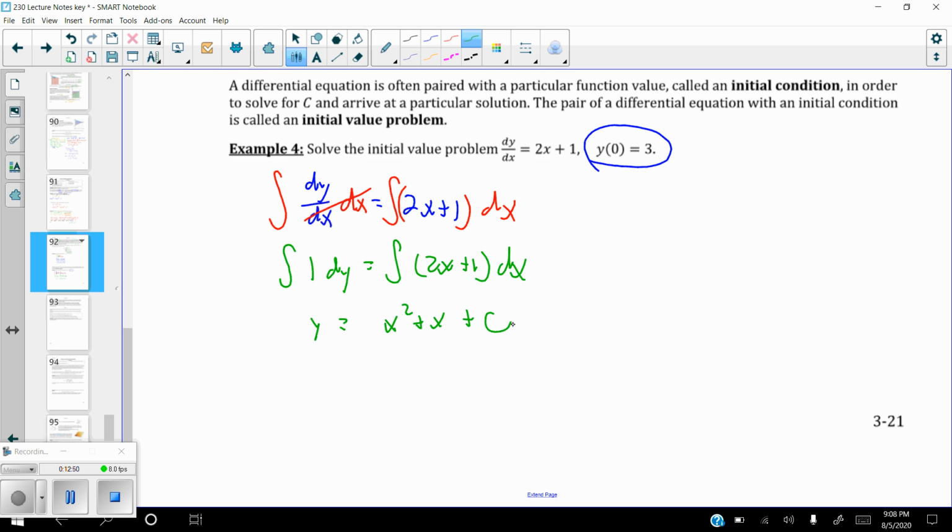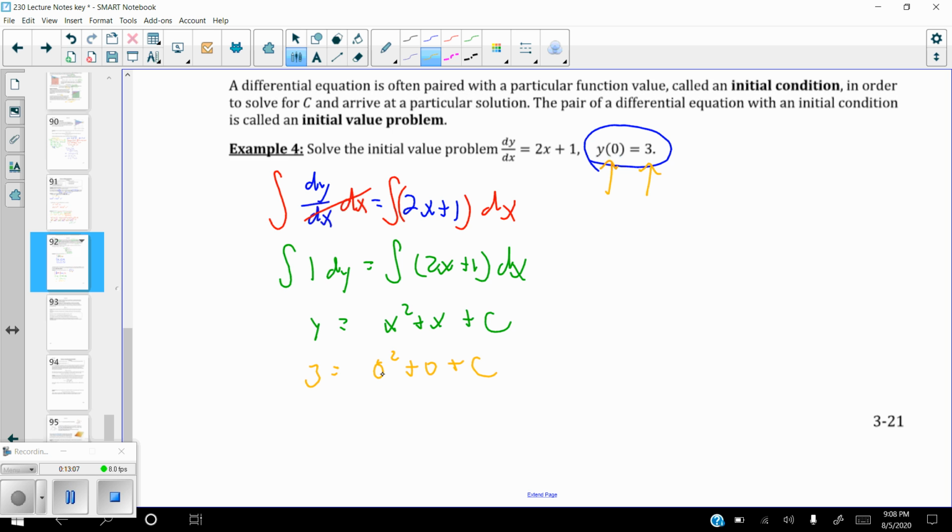Now's where the initial condition comes in. The fact that we know that x is 0 and y is 3 is going to allow us to plug those values in and find c. So if y is 3, I'll plug 3 in for y. I'll plug 0 in for the x's.